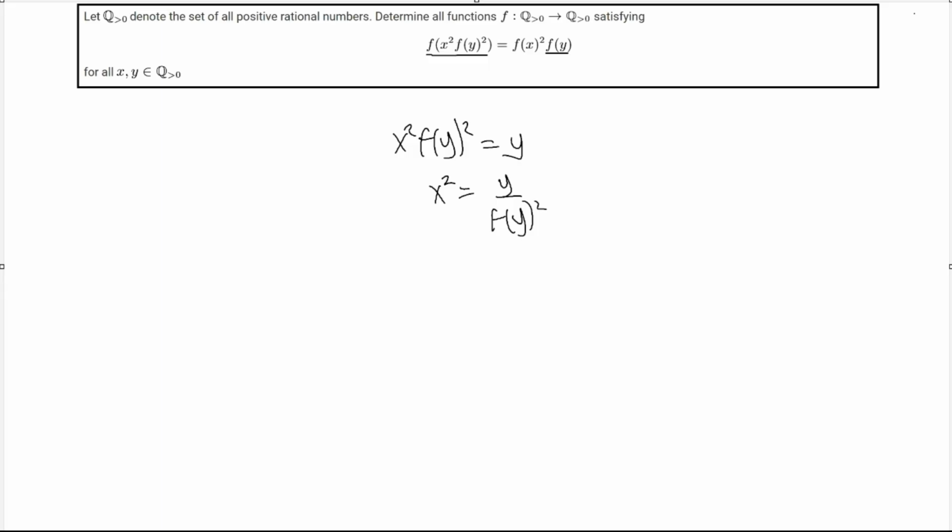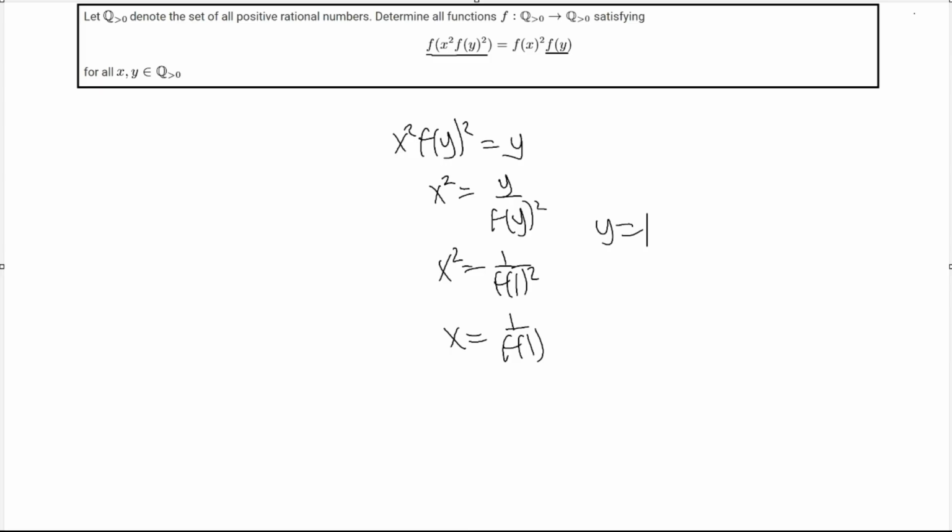So plugging y equals 1 makes this work out. So we get x squared equals 1 over f of 1, so x equals 1 over f of 1. So we would like this to happen.